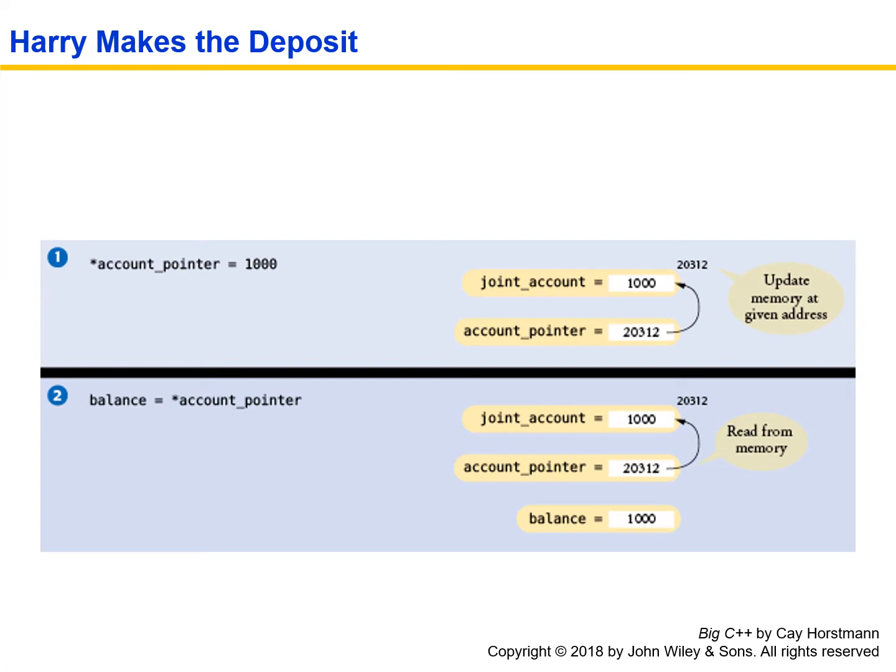This shows what happens when you type star account pointer equals 1,000. It assigns 1,000 to joint account, which account pointer is pointing to. And if you type balance equals star account pointer, it looks up the value in joint account, the value account pointer is pointing to, and assigns that value to balance, which is just a regular variable, not a pointer.